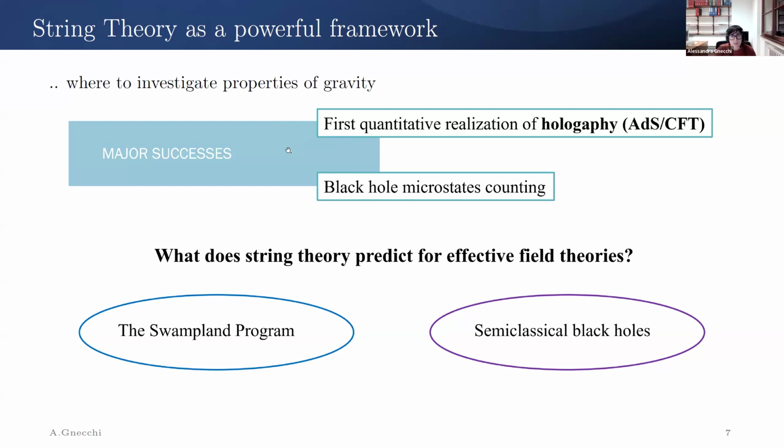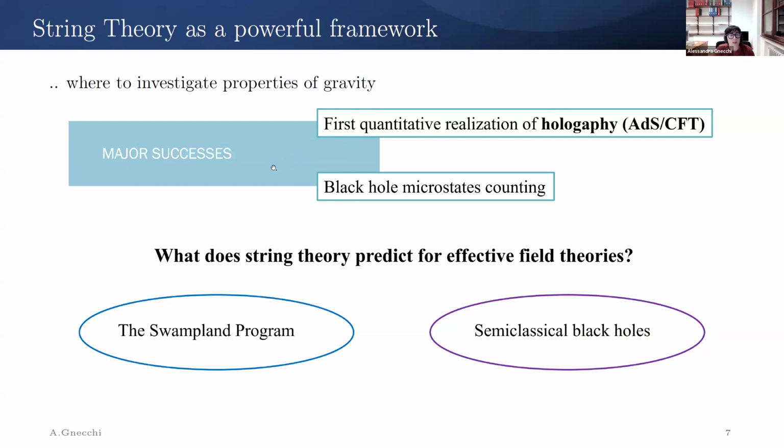There had been in the 70s already some hints that gravity may have a holographic origin. So a gravitational system in a certain volume could be completely characterized by what happens on the surface of this volume.